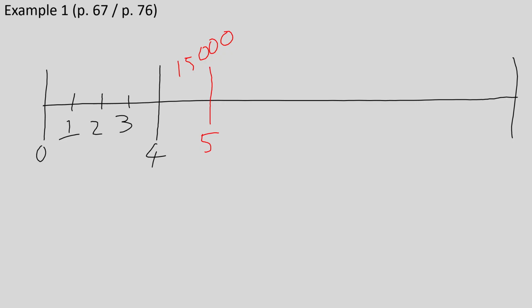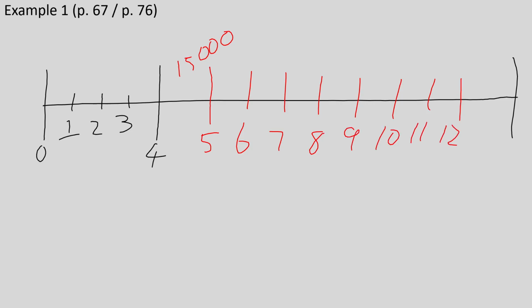So that's 1, 2, 3, 4, 5, 6, 7, 8 of them. So 6, 7, 8, 9, 10, 11, 12. I don't really need to spend too much time on this part of the timeline because we're moving everything forward, but that's the complete timeline. And you need to make sure why the 15,000 is at 5.